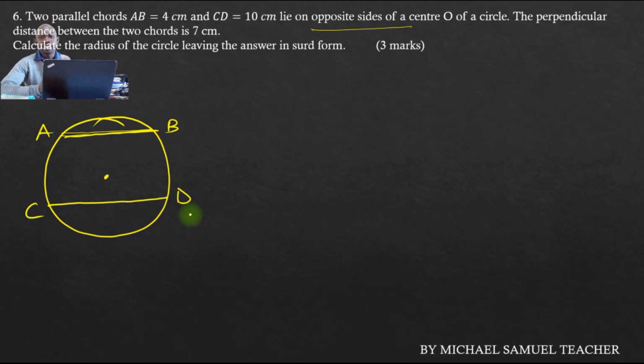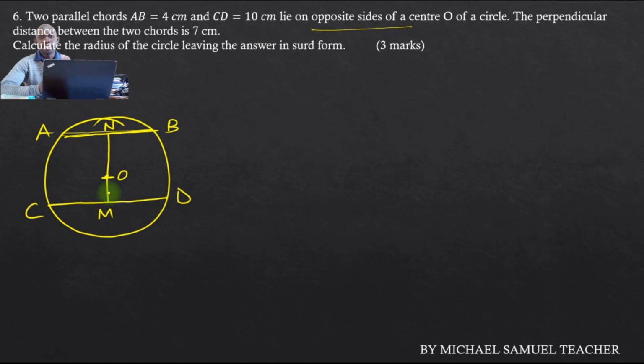And therefore, if that is the case, the perpendicular distance between the two chords is 7, and let me say it is M, and that is the perpendicular.